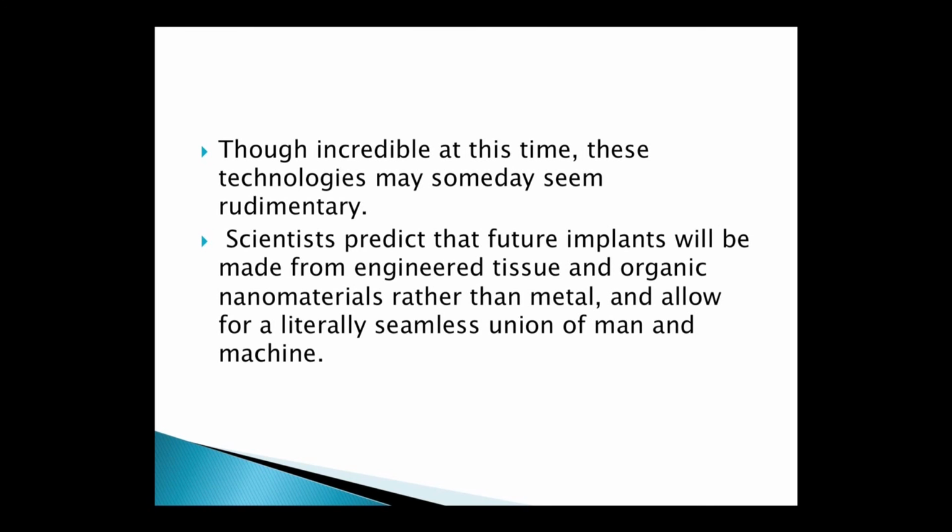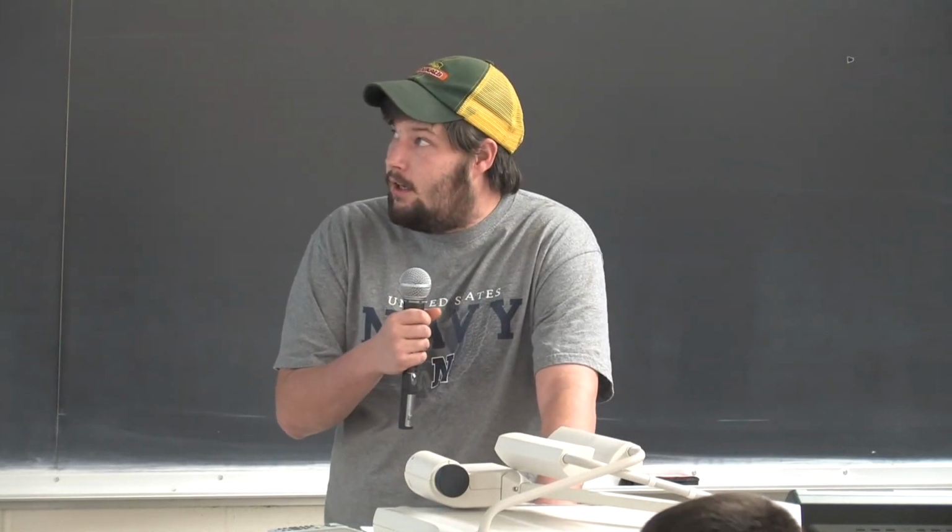Though this seems extremely incredible at the time, these technologies may seem rudimentary and commonplace in everyday living. And then scientists predict in the future that implants will be made from engineered tissue and organic nanomaterials rather than metal and so on. And this would make a seamless union of man and machine.